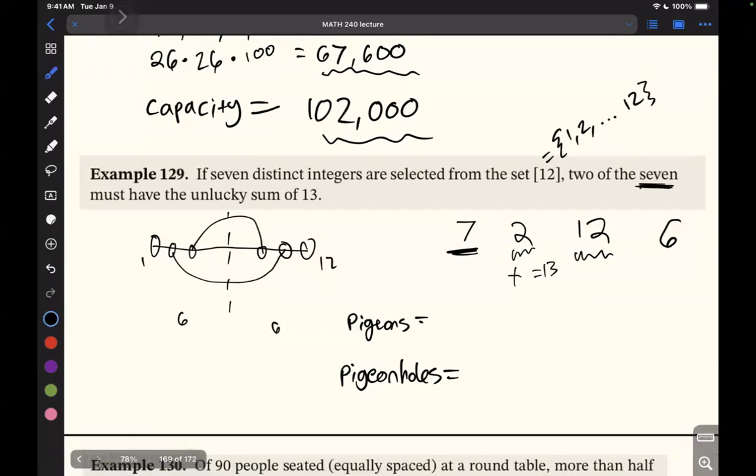All right, so in this, hold on, you tell me, what are the pigeons? Which number corresponds to the pigeons? We've got a vote for 7 and a vote for 12. Votes for anything else?